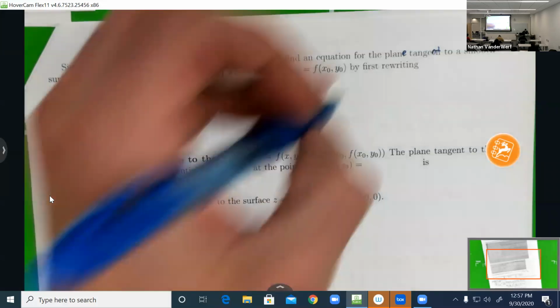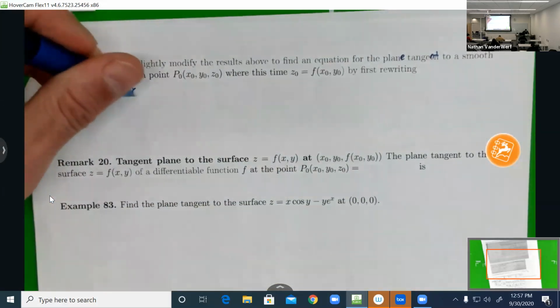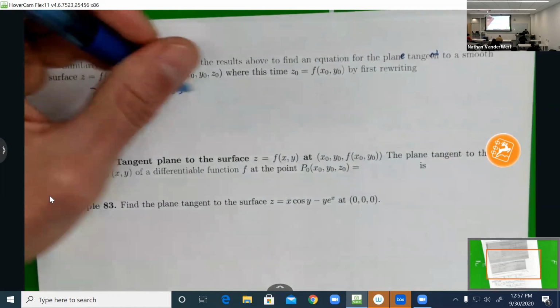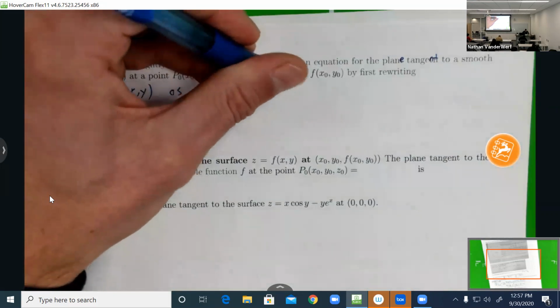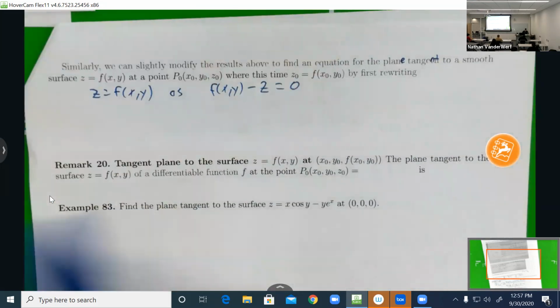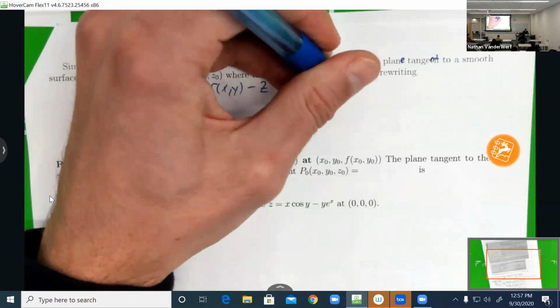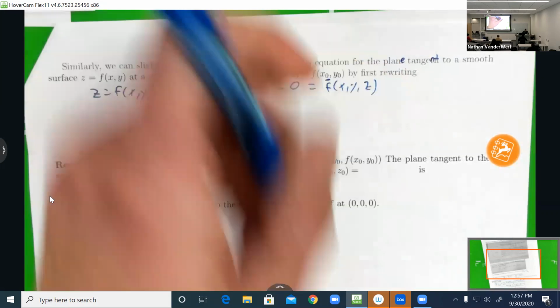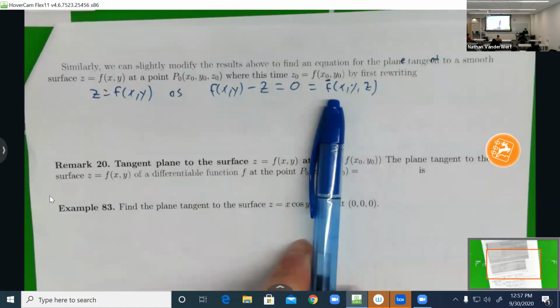We're going to rewrite z equals f of x, y as f of x, y minus z equals 0, right? And we're thinking of this as some f bar of x, y, z now. So this f bar we can treat exactly how we treated the previous case.